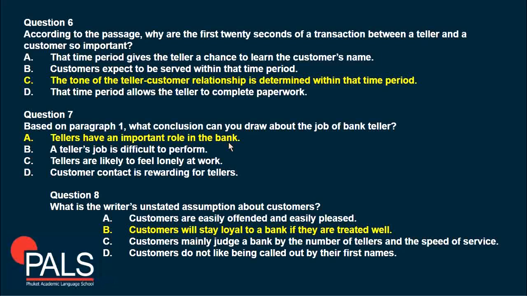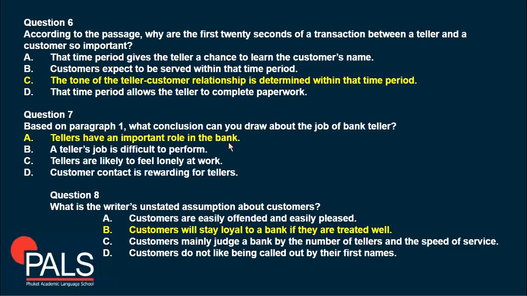Next one. Question 8. What is the writer's unstated assumption about customers? Of course, the customers will stay loyal to a bank if they are treated well. If you notice, the writer's focus on keeping customers satisfied and making a favorable impression shows an underlying assumption that if you treat customers well, they will ensure a continued relationship with the bank.